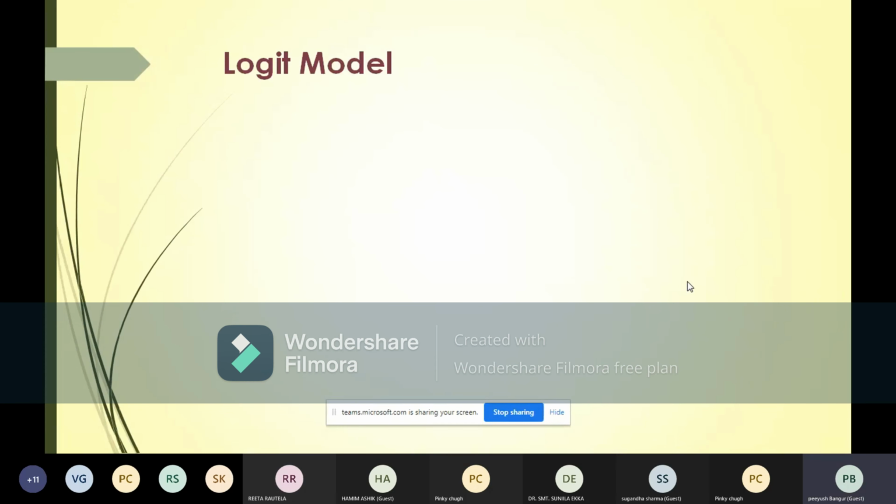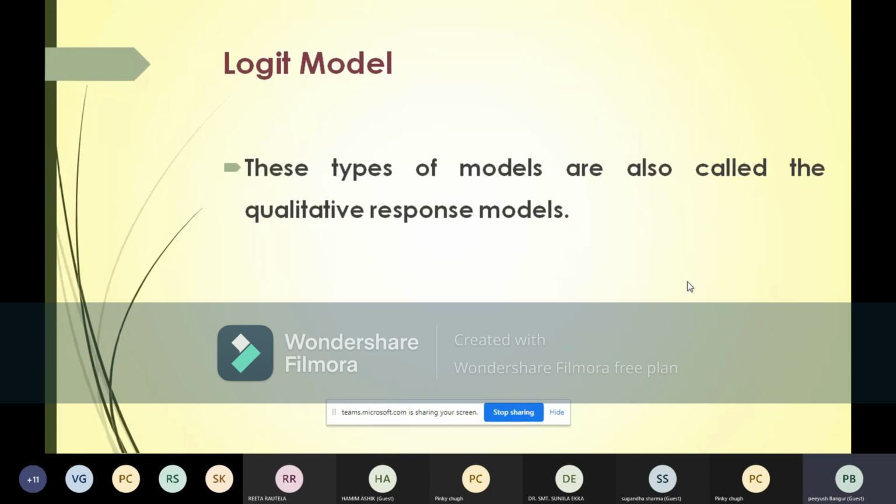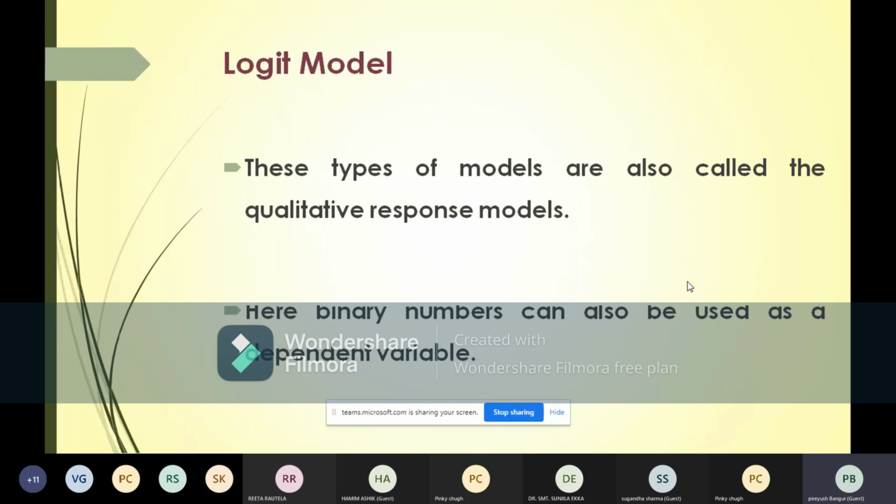Now, these types of models are also called qualitative response models. Qualitative, again, where you are preparing the questionnaire and filling it in from your participants or your sample. Here, binary numbers can be used as a dependent variable, so 0, 1, 0, 1 you can use as a dependent variable.